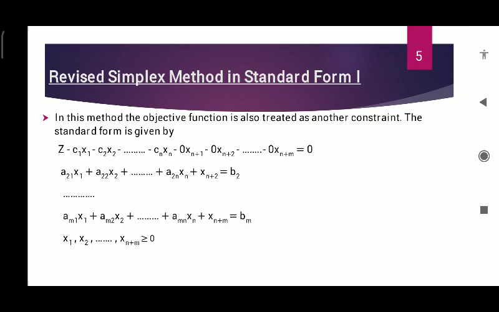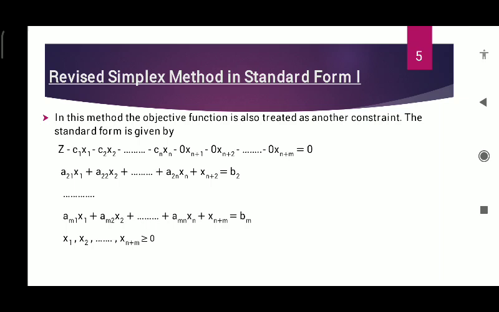In this method, the objective function is also treated as another constraint, and the standard form is given by z minus c1 x1 minus c2 x2 etc. minus cn xn minus 0 xn+1 minus 0 xn+2 etc. minus 0 xn+m equal to 0. Then a11 x1 plus a12 x2 plus a13 x3 etc. plus a1n xn plus xn+1 equal to b1.